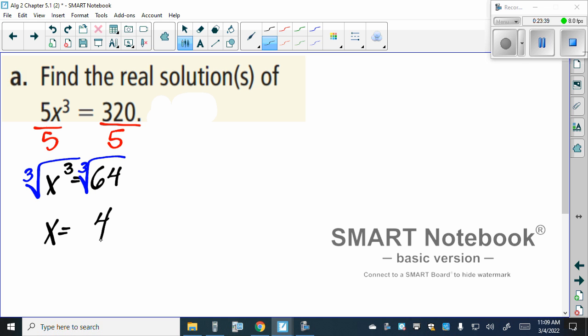Now, since the root is odd, how many real solutions would we have? 1. And that'd be it. Any other questions on this here?